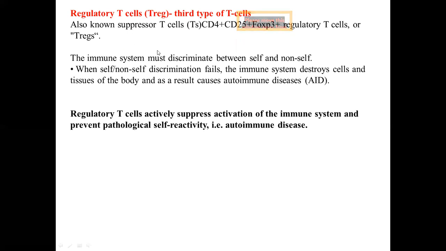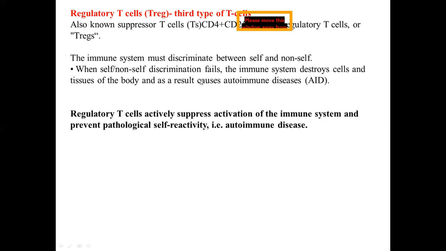The immune system must discriminate between self and non-self. When such discrimination fails, the immune system destroys the cells and tissues of the body, and as a result it causes an autoimmune disease.